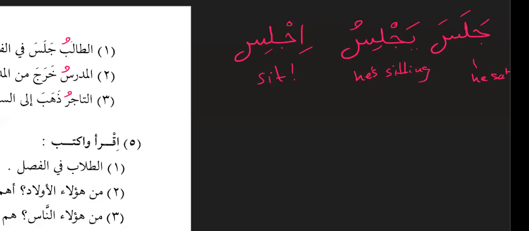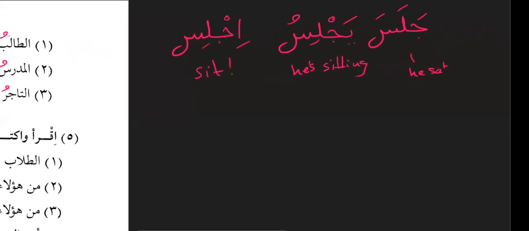But the verbs are a whole new topic. You start to do a lot of them in book 2, and you do lessons just based on verbs. The verbs can change dramatically. For example, we have the word jalasa. If I add an alif before it, it changes the verb completely. Ajlasa means he made him sit.